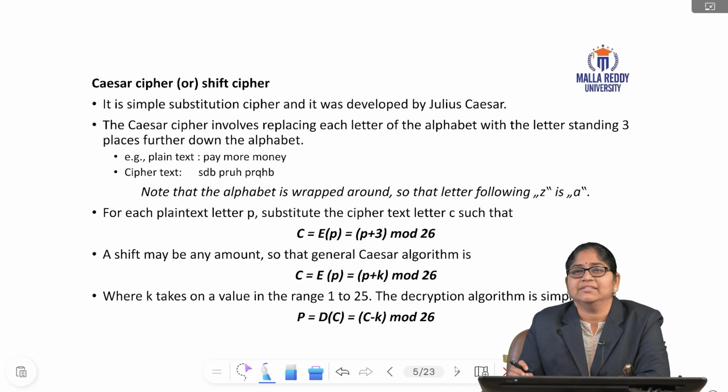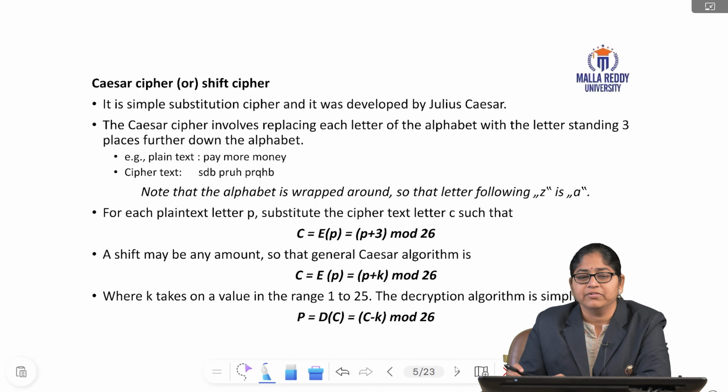Now coming to Caesar cipher. We can call Caesar cipher a shift cipher. In the Caesar cipher technique, the letters of plaintext are replaced by other letters by using a key value. We have formulas for the process of encryption and decryption supported by Caesar cipher.